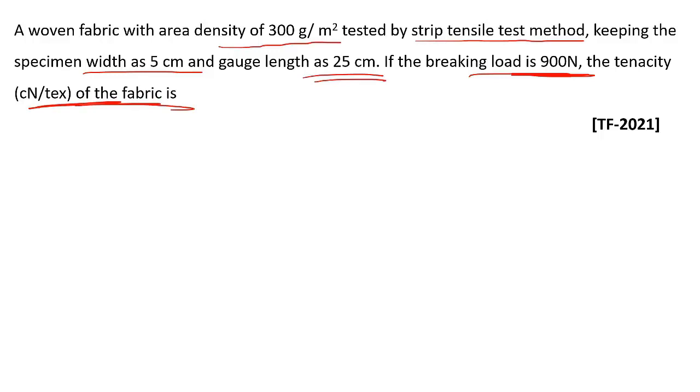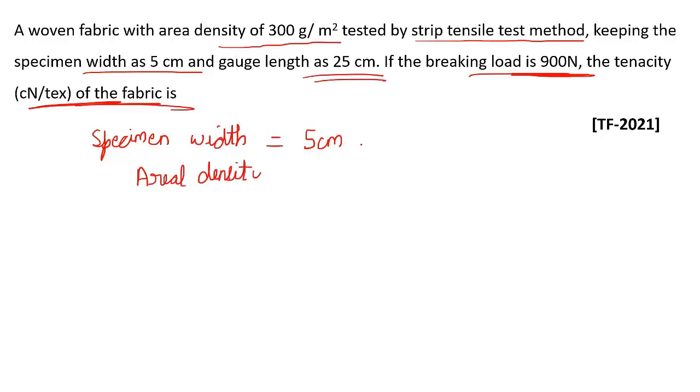In this question, the specimen width is given as 5 centimeter and the areal density is given as 300 gram per meter square.